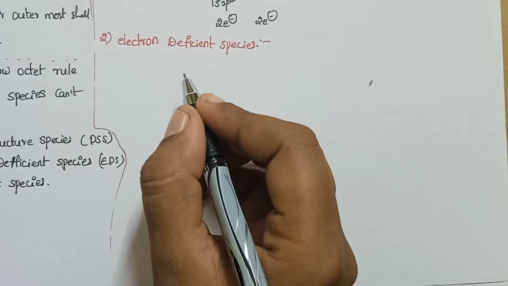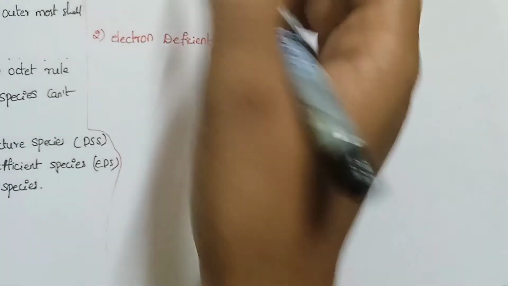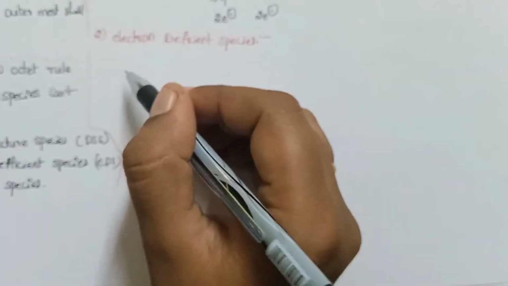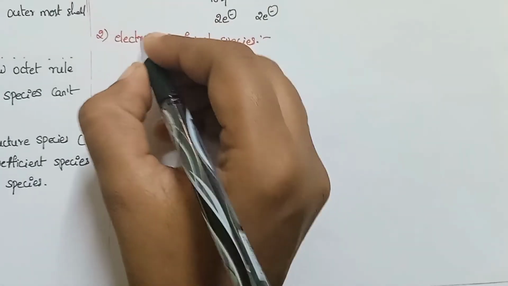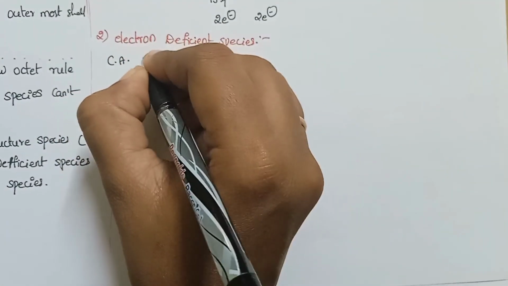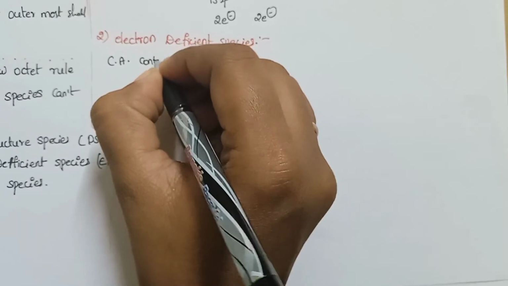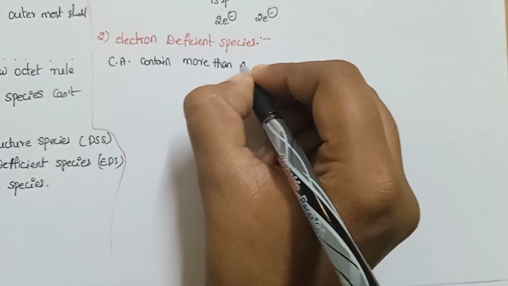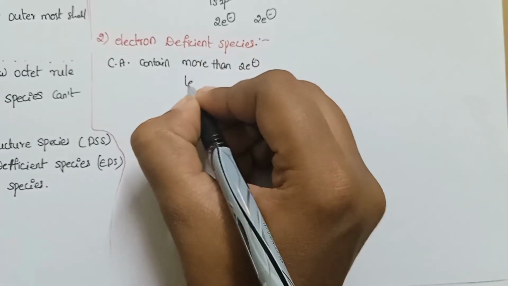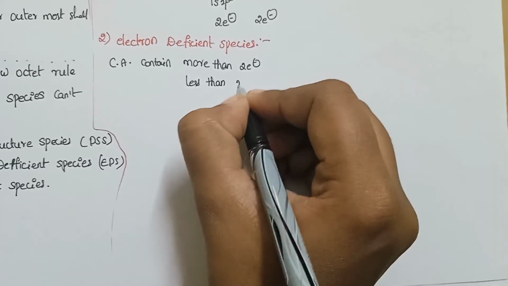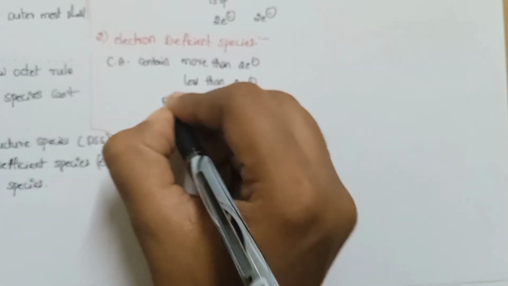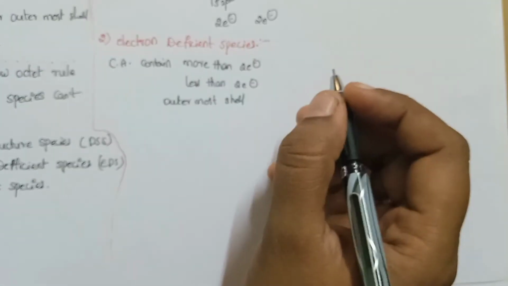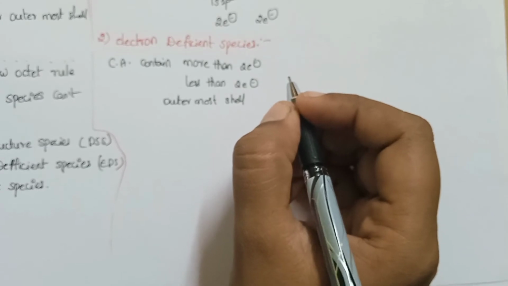Means in duplet structure species, there are 2 electrons in their outermost shell. In electron deficient species, the central atom contains fewer electrons than an octet in its outermost shell.